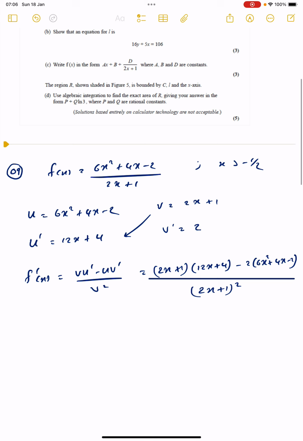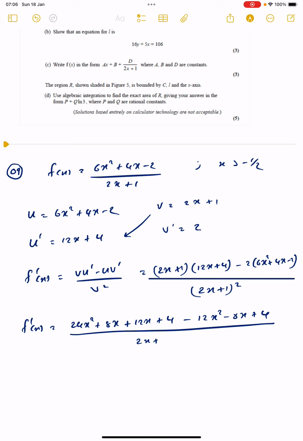So f'(x) is equal to (24x² + 8x + 12x + 4 − 12x² − 8x + 4) divided by (2x + 1) whole thing squared. So f'(x) will be 12x². 8x and 8x cancel off, so that leaves us with (12x² + 12x + 8) divided by (2x + 1) whole thing squared.